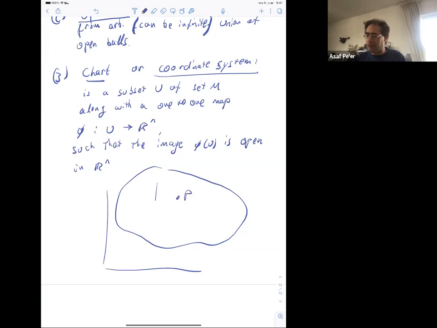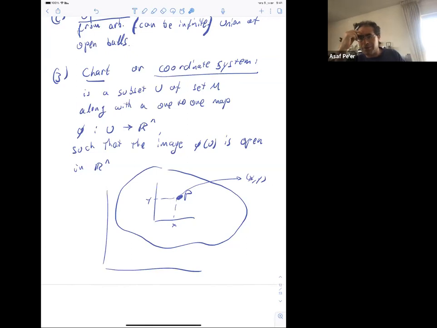Now, when I put a set of coordinates, what do I do? I do a mapping of this point P. So this is, you know, X and Y. Putting coordinates is nothing but setting a map between the point P in the space to R^n.